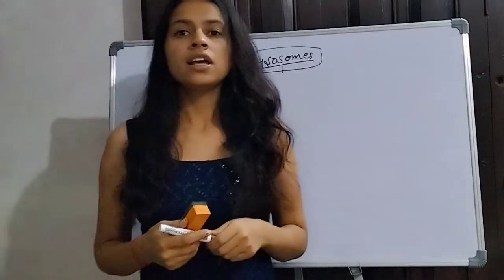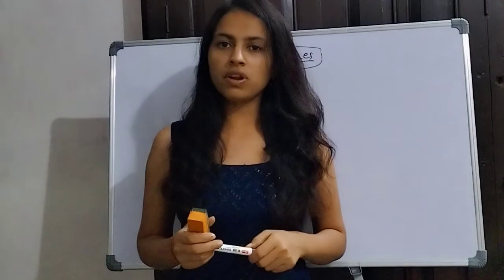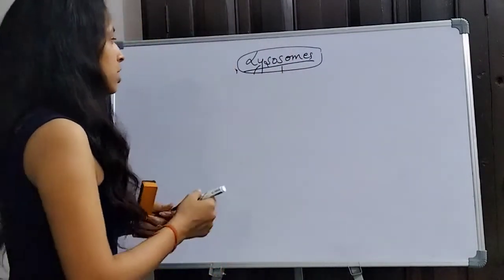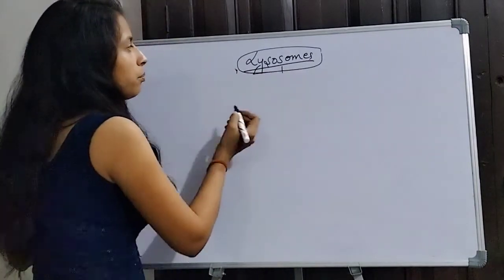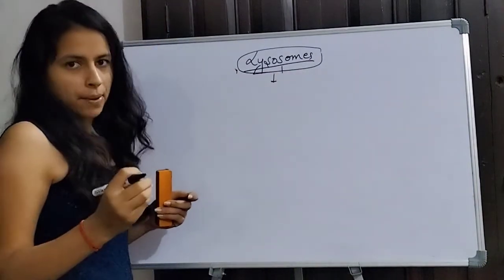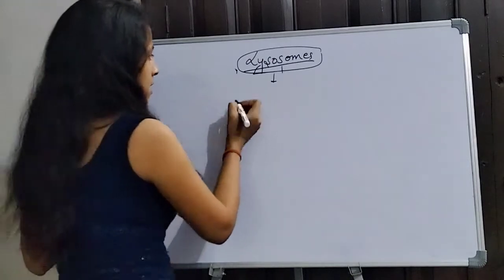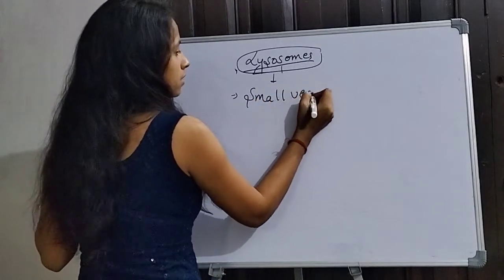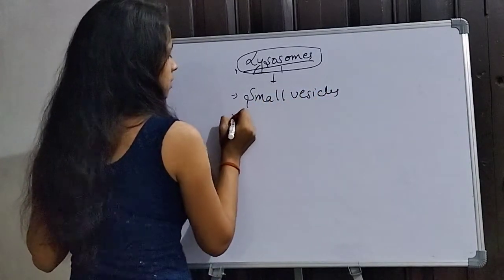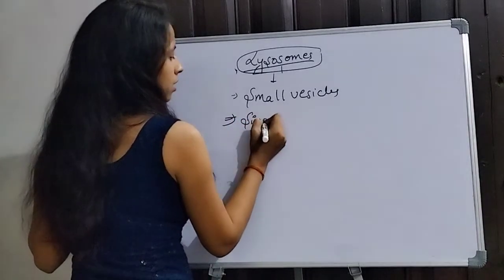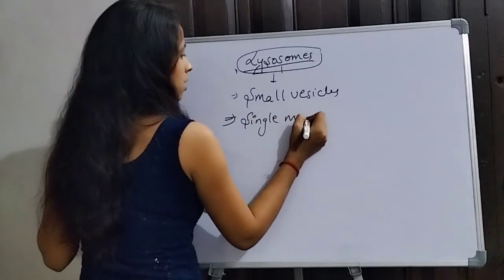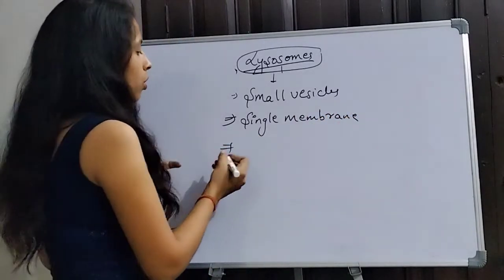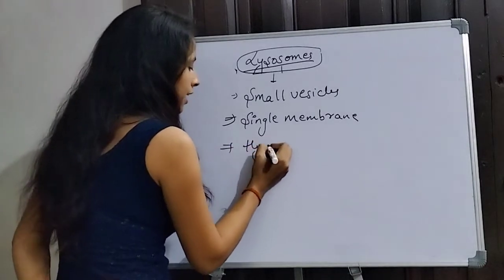As we all know, the organelles which are involved in the endomembrane system are all single membrane, and the lysosome organelle is made from the Golgi apparatus in the form of vesicles. So it is formed in the form of small vesicles and it is single membrane. And the third point, as we all know, is that it contains hydrolytic enzymes.